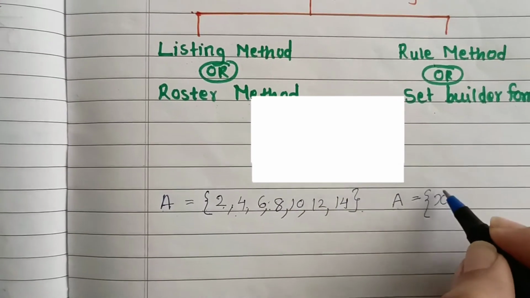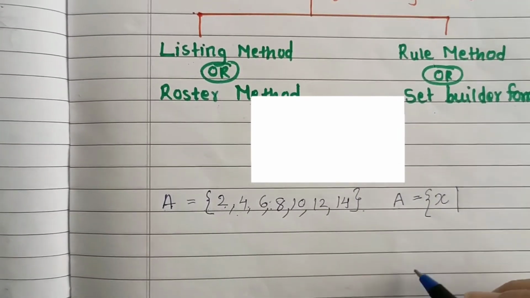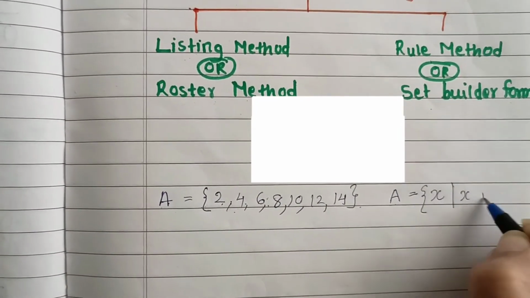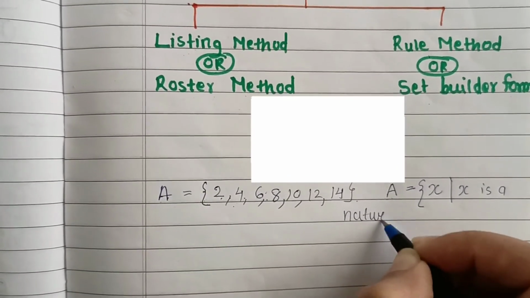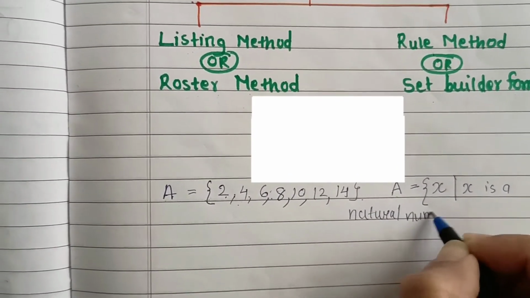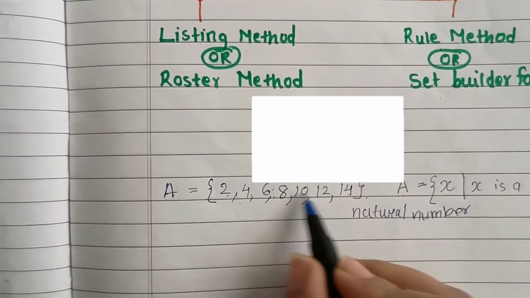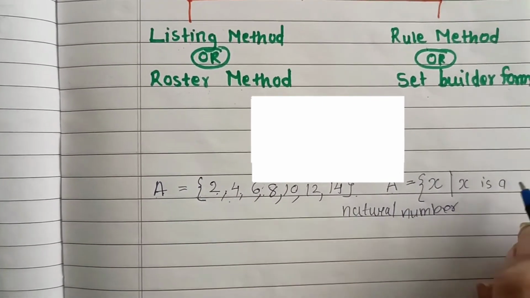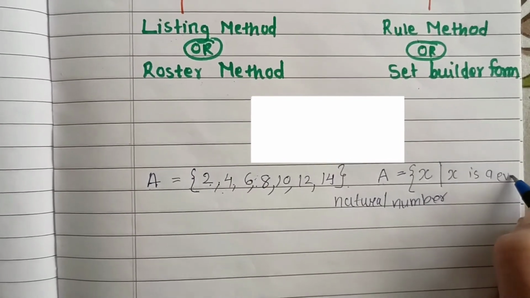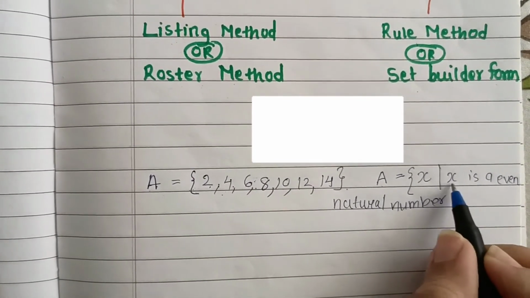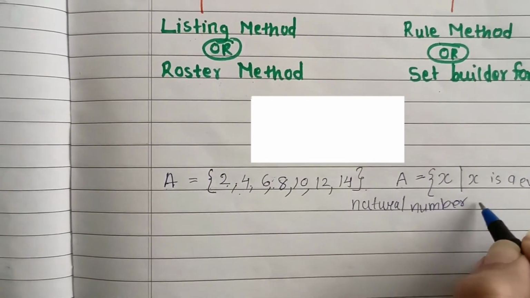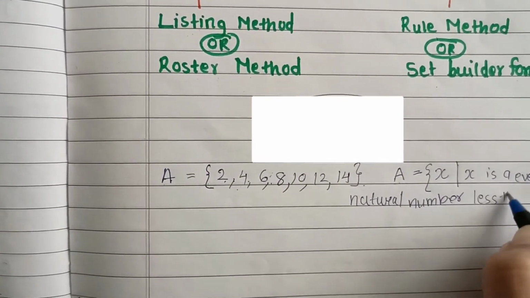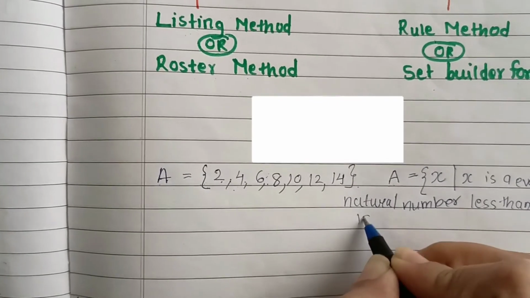Then what does this x represent? x is a natural number. What was our condition? x is a natural number. Correct? Sorry, even natural number. We forgot about even. So x is an even natural number less than 15. Correct? This was our condition.